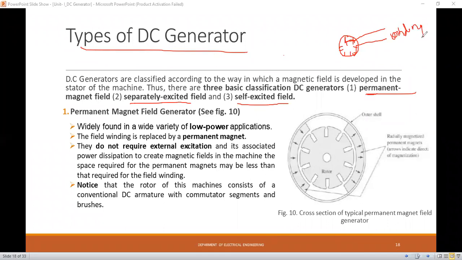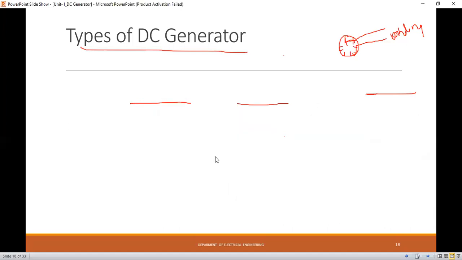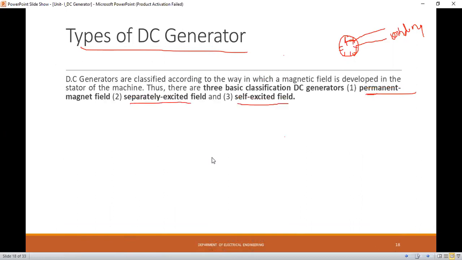What is meant by excitation? Can anyone tell me what excitation is? We want to excite the winding initially. Current needs to flow through it.